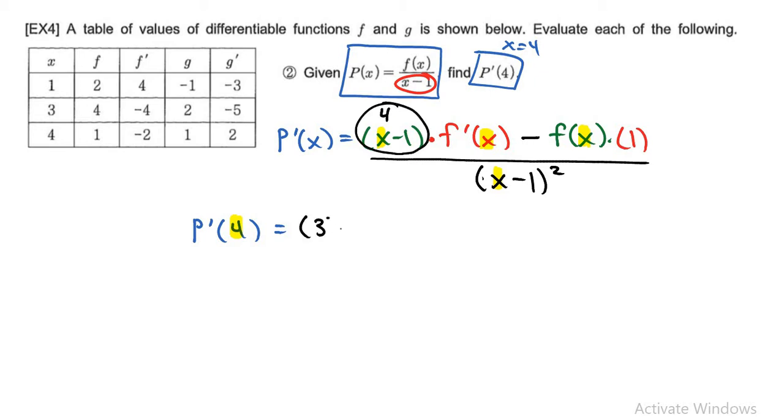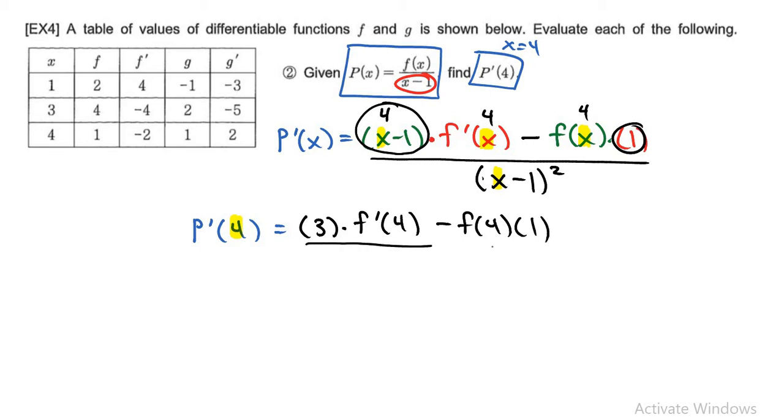So this is going to be 3 times f prime of 4 minus, if I put a 4 there, that's going to be f of 4 times 1. I mean, if you want to write that, you can, but you don't have to. And if I plug in a 4 on the denominator, 4 minus 1 is going to be 3. So the bottom is going to be 3 to the power of 2.